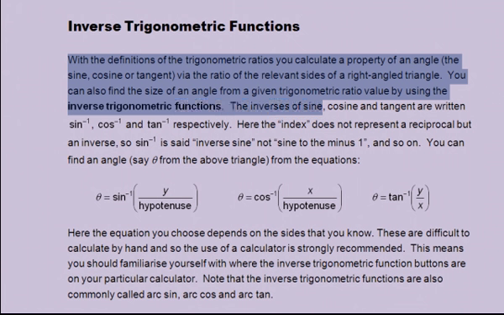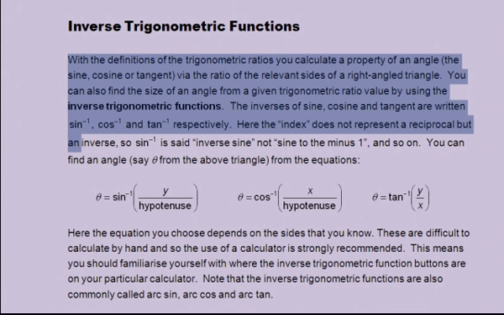The inverses of sine, cosine and tangent are written as this, this and this, respectively. Here, the index does not represent a reciprocal, but an inverse. So, this is said inverse sine, not sine to the minus 1, and so on.